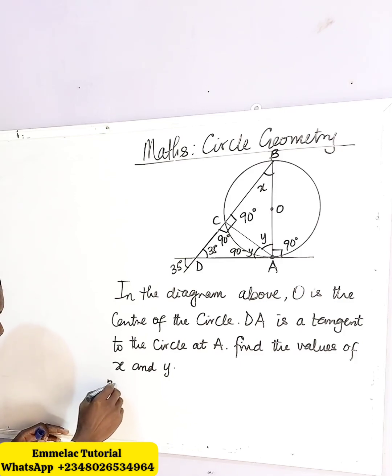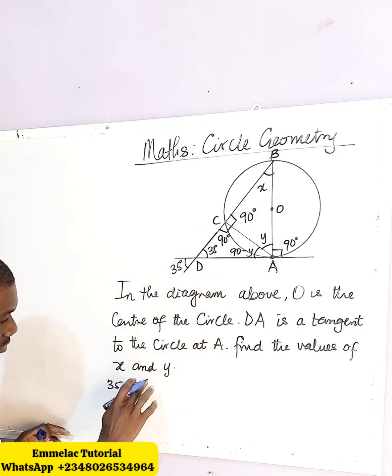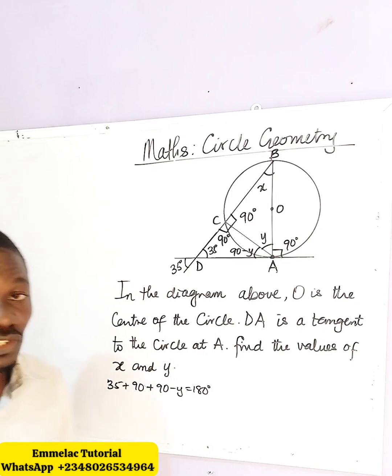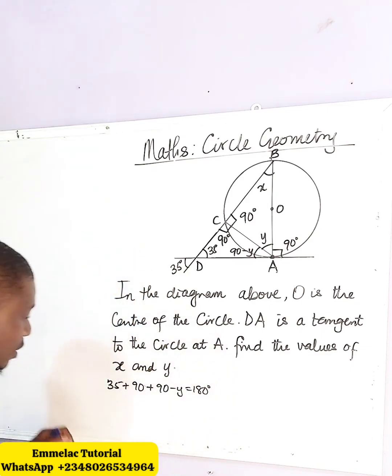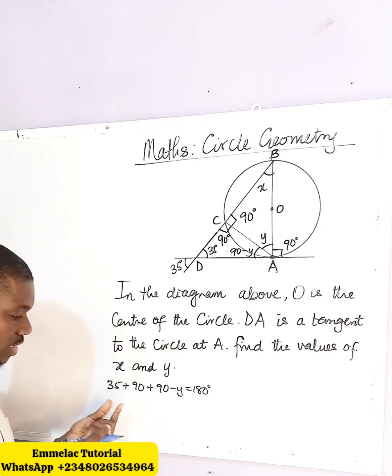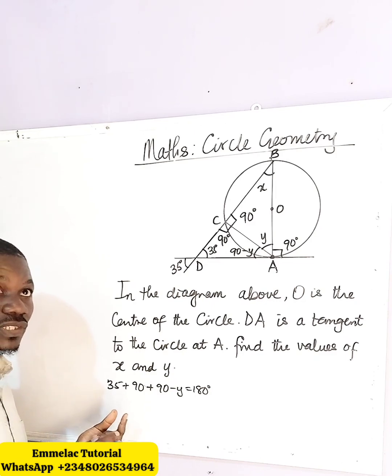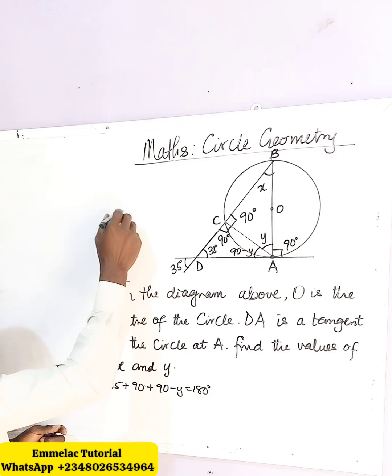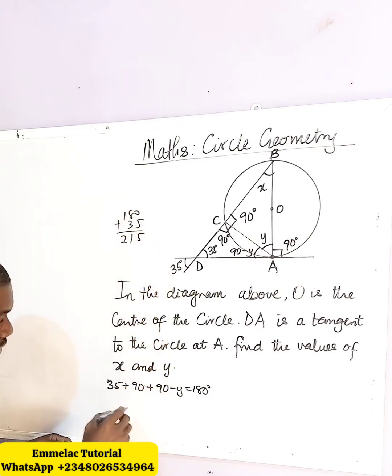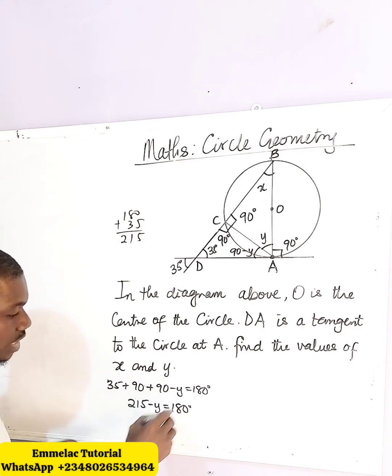The 35 plus 90, now plus 90 minus y, all equals 180, because the sum of angles in a triangle should give us 180. Summing these together, 35 plus 90 plus 90 is 215. So here you have 215 minus y equals 180.